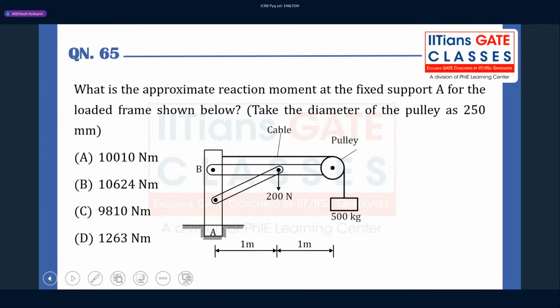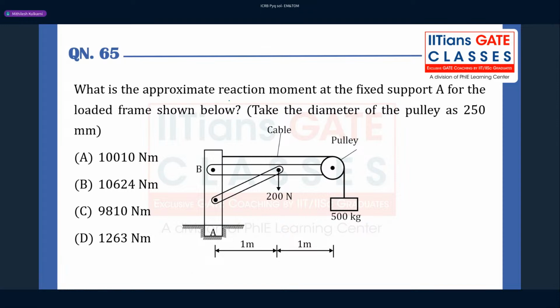Coming toward the next question. This question is again from the trusses mechanics topic. What is the approximate reaction moment at the fixed support A for the loaded frame shown in the figure? Take the diameter of the pulley as 225 millimeter.